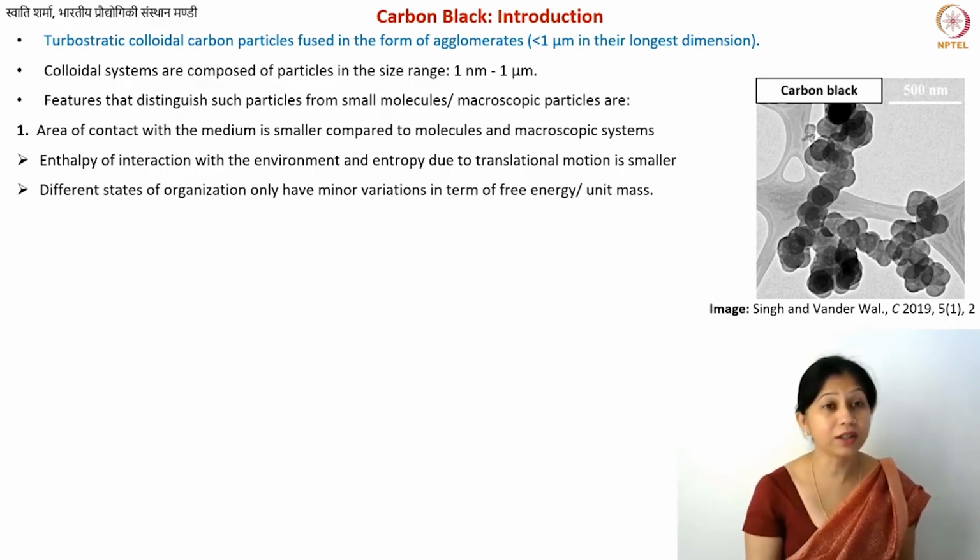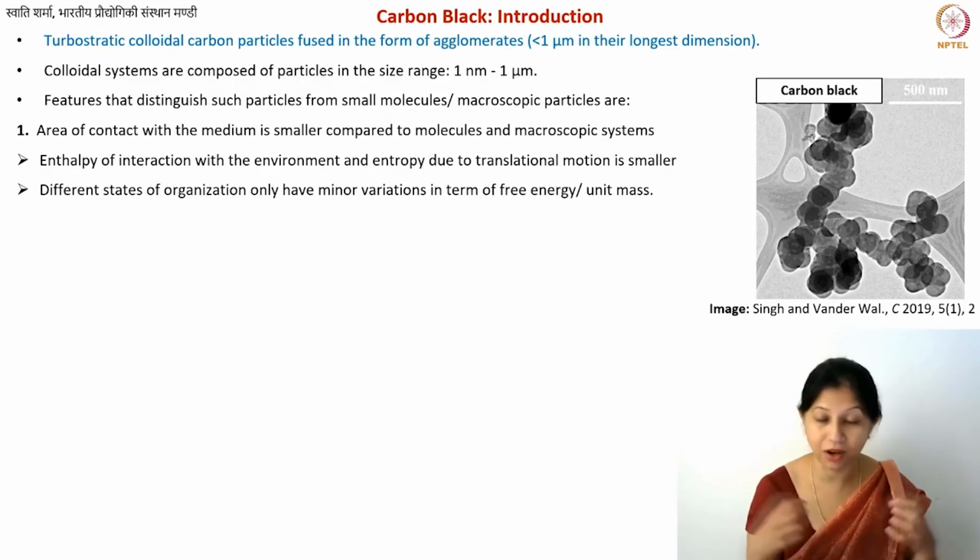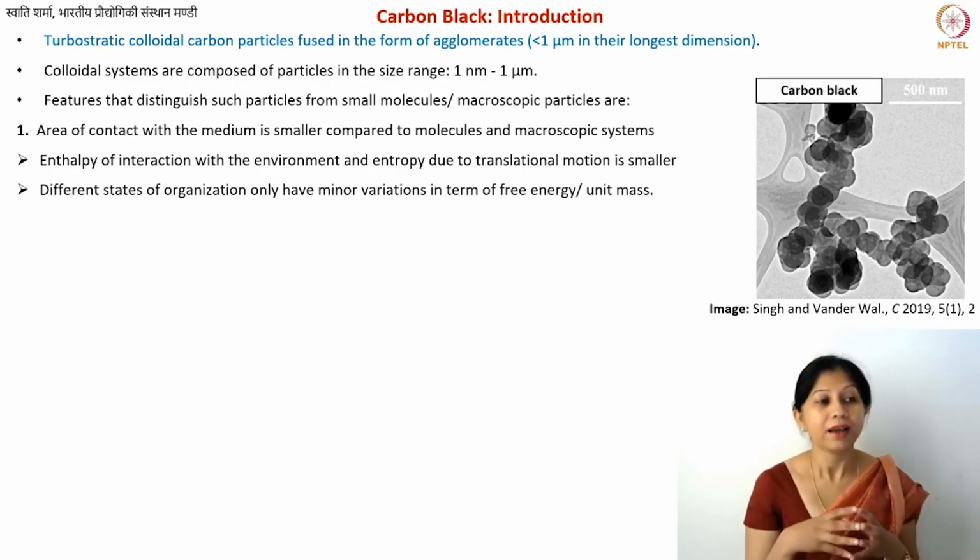Okay. Now also there's one more important thing. We are talking about these colloidal particles, but you can see there are a lot of small particles all together, they fuse together, right? Can we have different organizations of these particles?